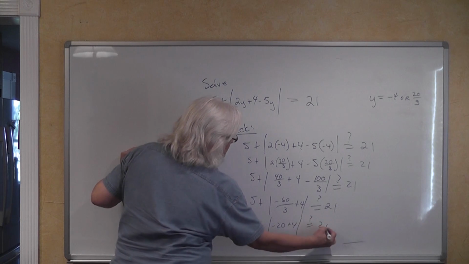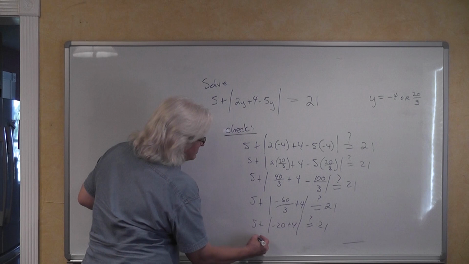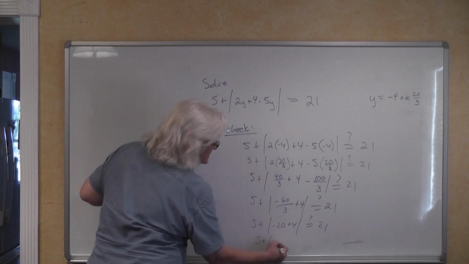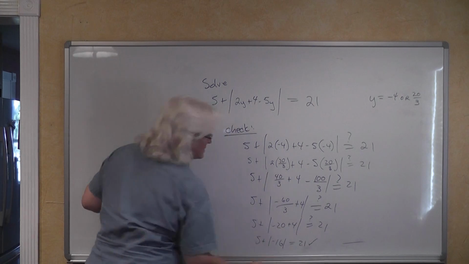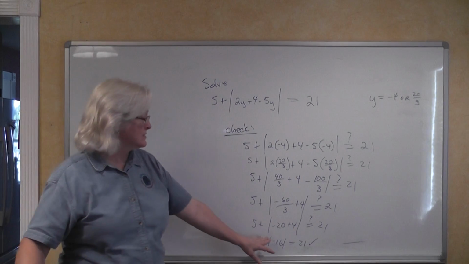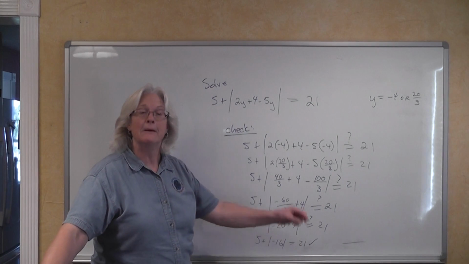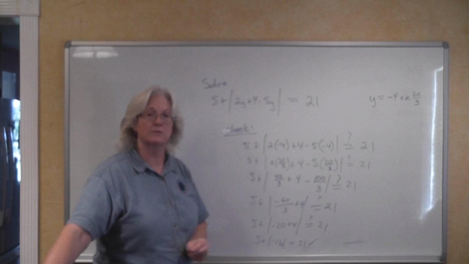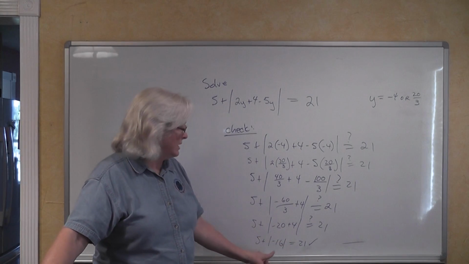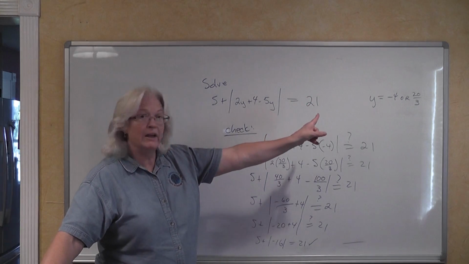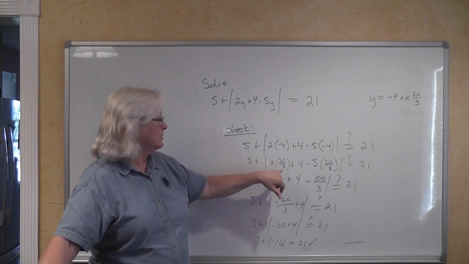Is that equal to 21? What is negative 20 plus 4? It's negative 16. And what is the absolute value of negative 16? It's a positive 16. So we have that 5 plus 16 is in fact equal to 21. So y is negative 4, or y may be equal to 20/3.